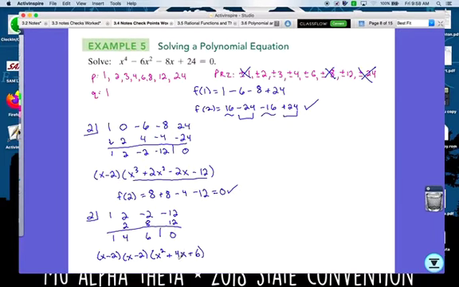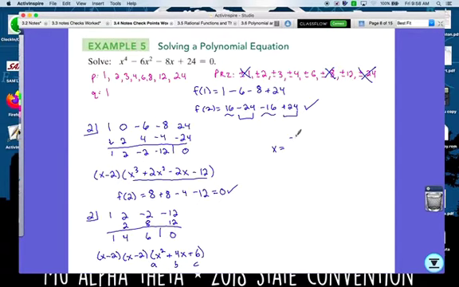And once you get it down to a quadratic, you can solve that out by either factoring, which this one won't, because there's nothing that will multiply to give me 6 and add together to give me 4. So we're going to have to use the quadratic formula again. Remember, a is 1, our b is 4, and our c is 6. So to find our other 2, we use the quadratic formula.